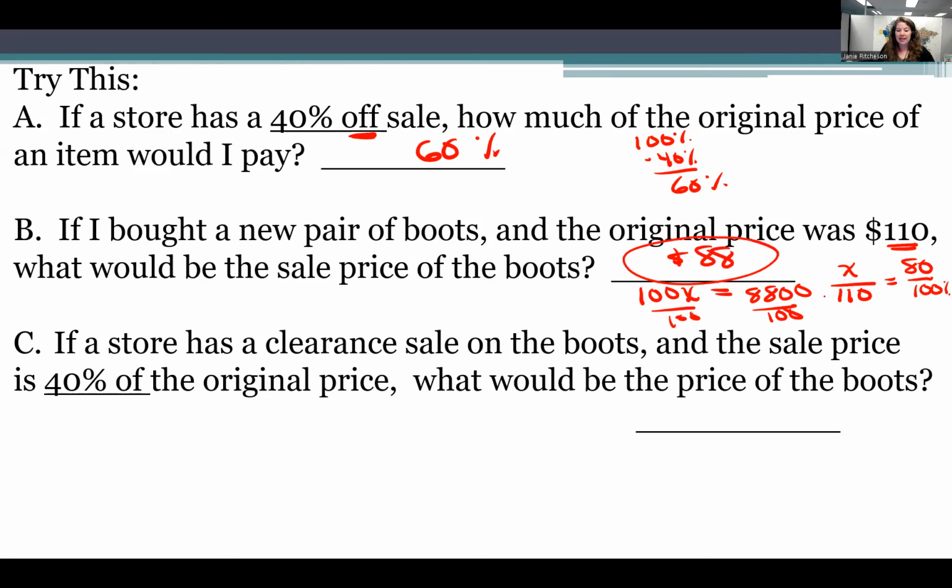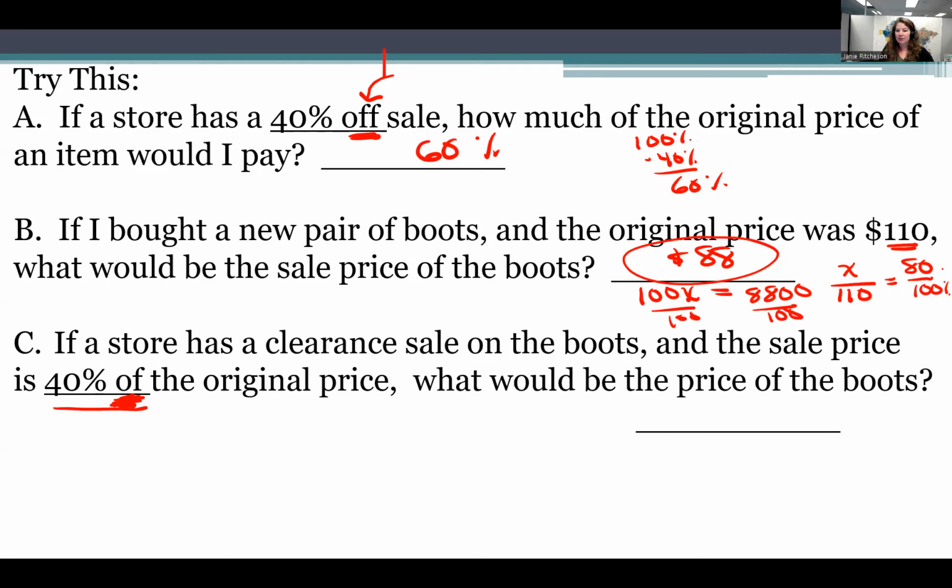If a store has a clearance on the boots and the sale price is 40% of the original price, what would be the price? So this says 40% off the original price, so I subtract that off of 100%. But if it says 40% of the original price, now 40 is my of, so I'm not subtracting away 40% to find 60%.